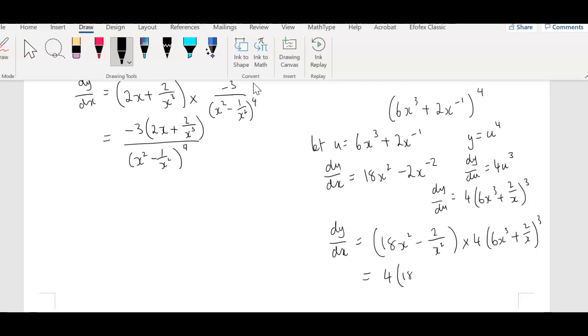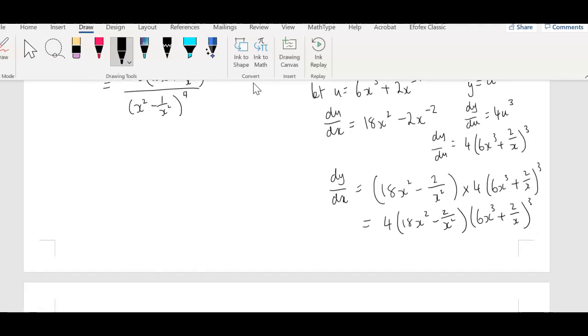You could multiply that 4 into that first bracket, but I'm just going to leave it like that. It wouldn't really make any difference if you multiplied it in.